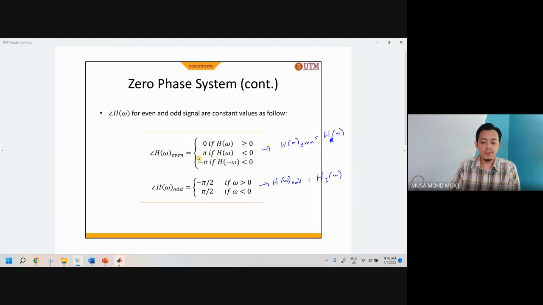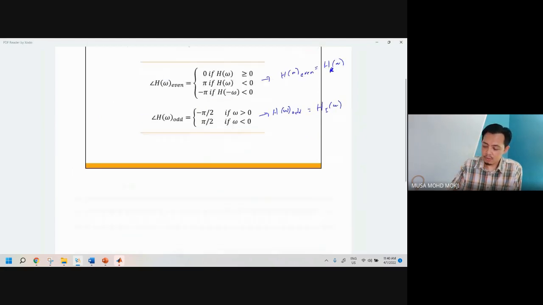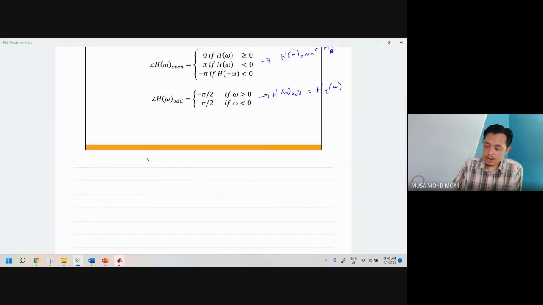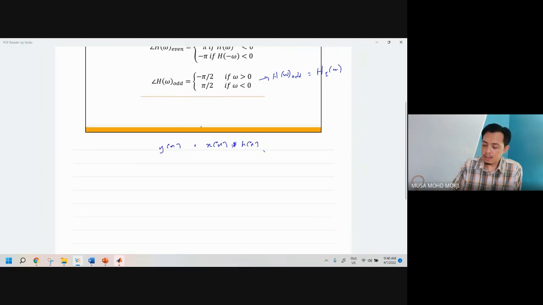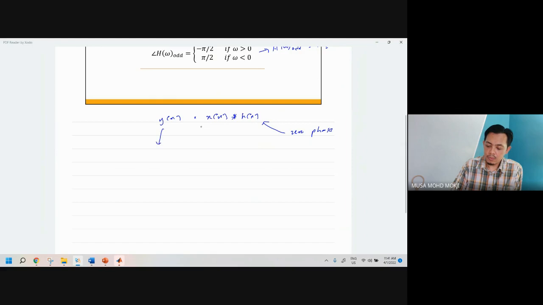Okay, so whatever it is, what will happen if we have a 0 phase system? You won't have any delay at outputs, right? So let's say you have your y[n], which is equal to x[n] convolved with h[n], and this h[n] is a 0 phase, then no delay at output.